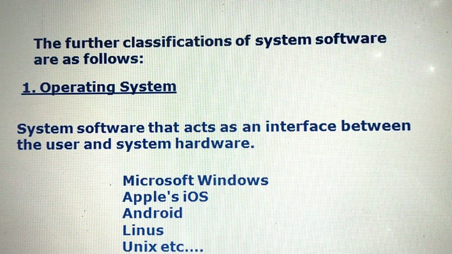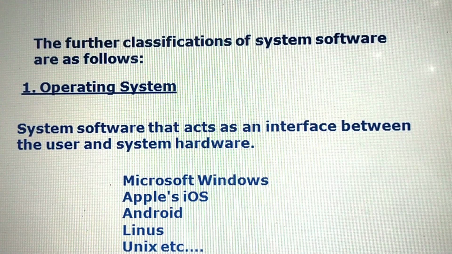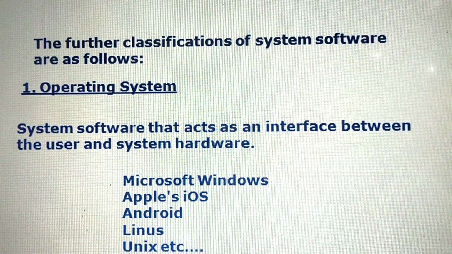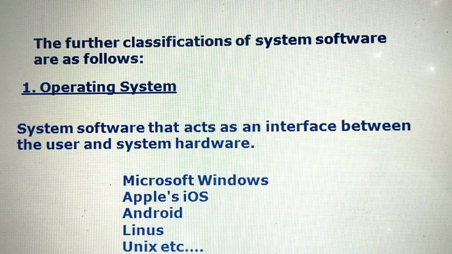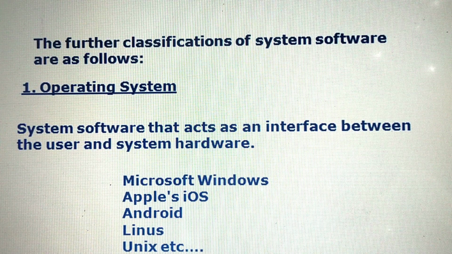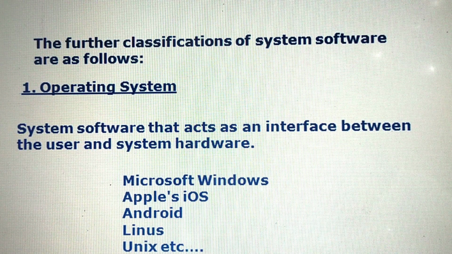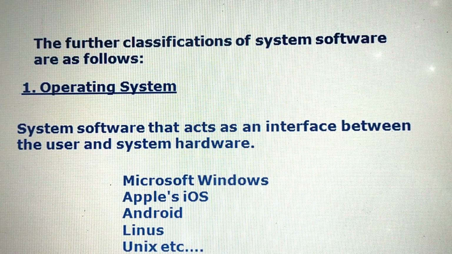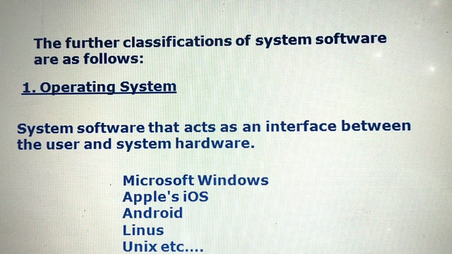Then how can we interact with the computer? In order to maintain the interaction, we need one software called the operating system. Every computer has to be installed with an operating system, and only then can the user interact with the computer. How? With the help of the operating system.